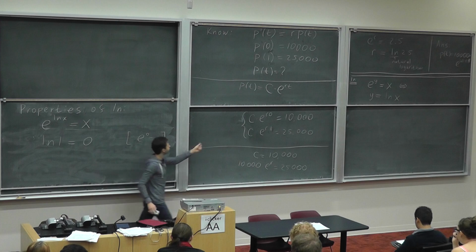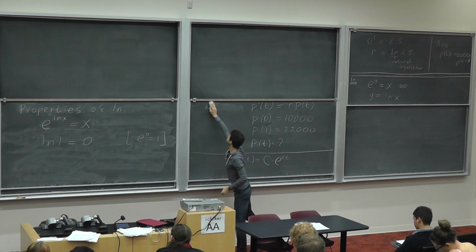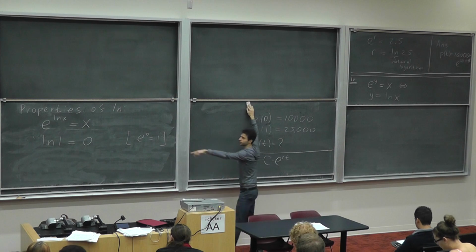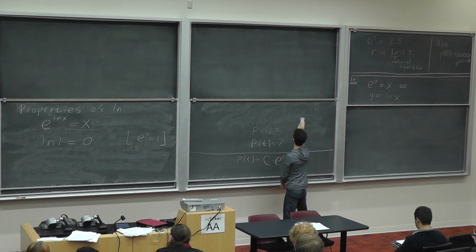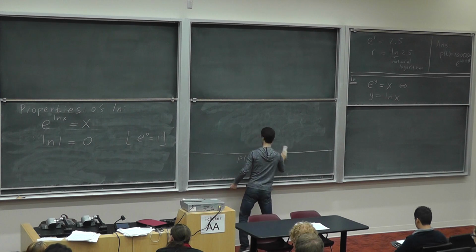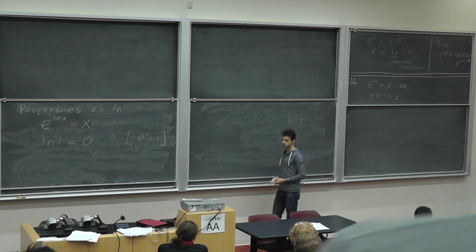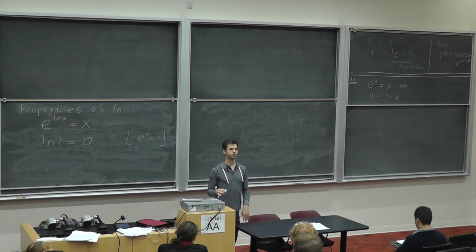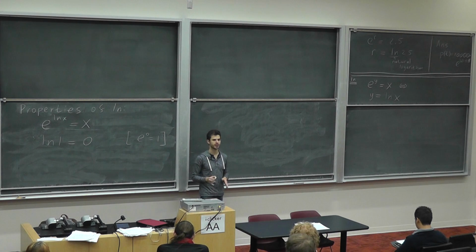Okay, so for other properties, I'll start with discussing an example, and then I'll write the general form of the property. So, suppose that somehow you found the natural logarithm of some numbers. Let's say the natural logarithm of 2, you happen to know that it's about 0.69.